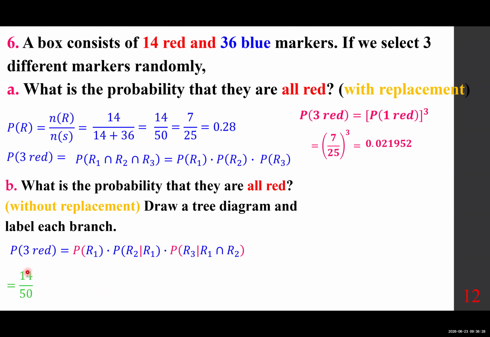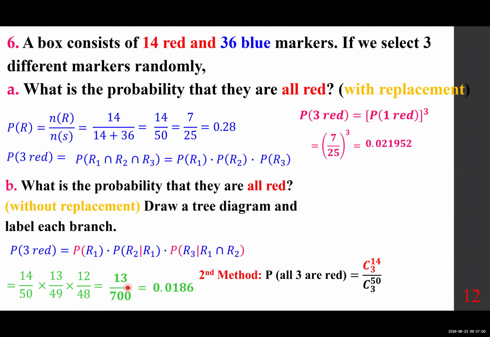Red, there were 14. If 1 has been picked, now only 14 minus 1 is left, 13 over 49. The next stage, 49 goes down to 48 because now we have 48 markers left. And there were 14 reds, 1 was taken, 13, and 1 more is taken, 12 now. That's how you write it. You come up with the answer. And this is again an exact answer. You can leave it like that.